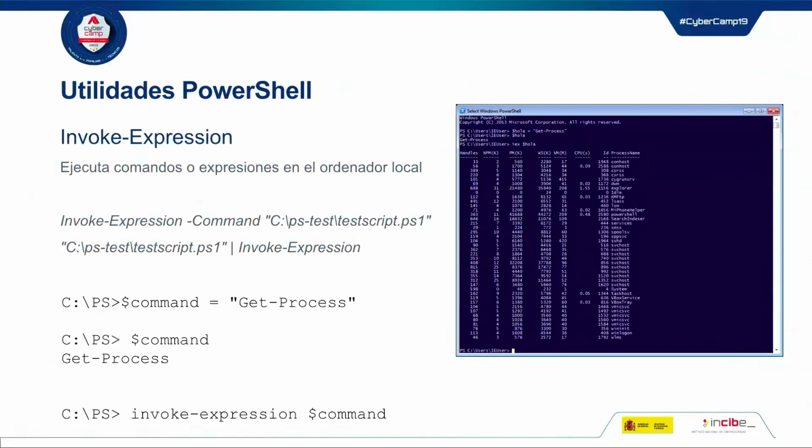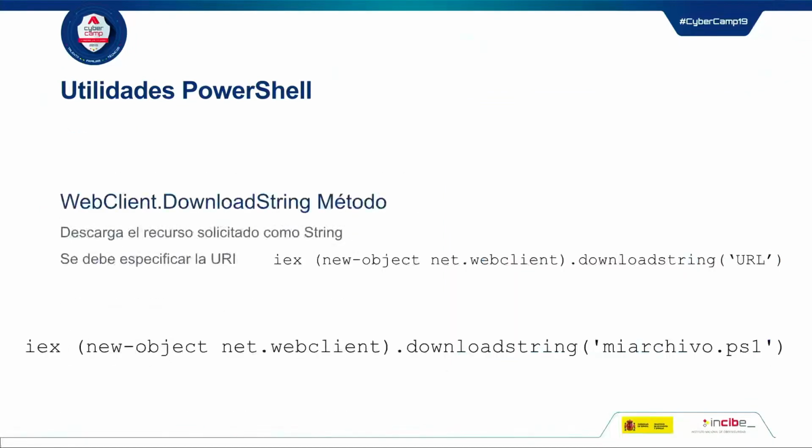This string is basically a function which is Get-Process. If we execute that variable, this is just going to print on the screen the variable that we have here. But if we use Invoke-Expression, this command is going to be executed. I mean, this is a command that we have stored, and Invoke-Expression is going to execute it.